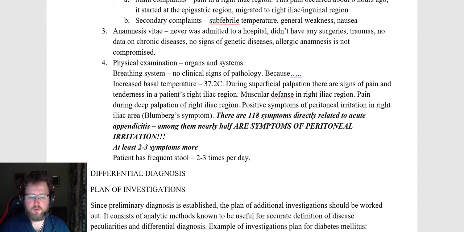This is mostly liquid. That's another very familiar symptom of appendicitis.